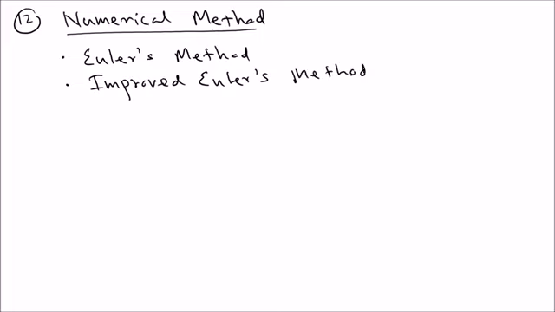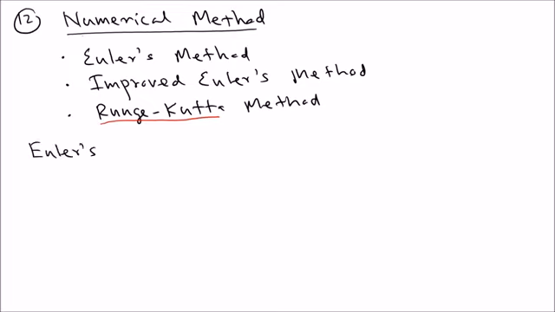And then the very good one, what we call the Runge-Kutta method. The Runge-Kutta method is very good. It's going to give you excellent answers for certain problems. So let's talk about Euler's method. That's the easiest one.